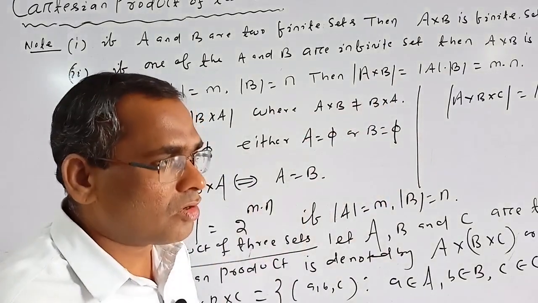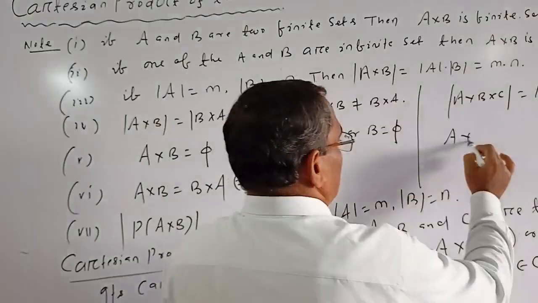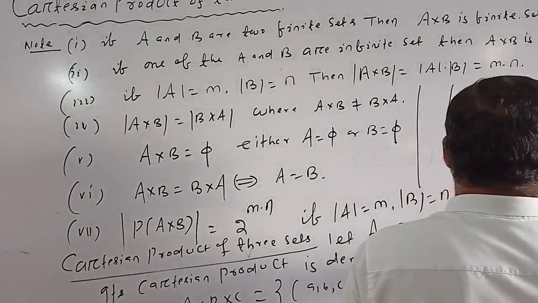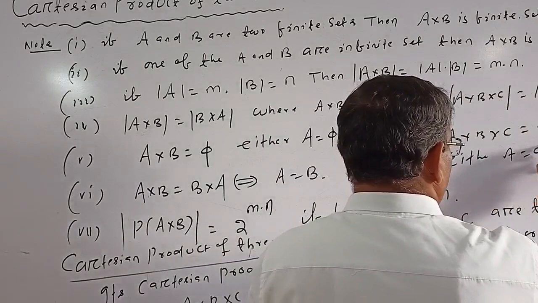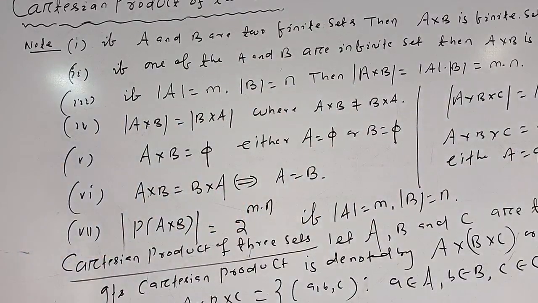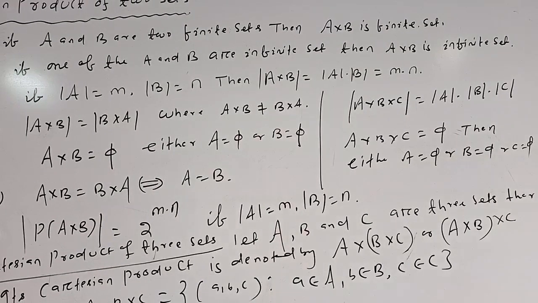If one set is phi, the null set, then its Cartesian product is phi. So A cross B cross C is equal to phi if either A equal to phi or B equal to phi or C is equal to phi. So if among the three sets one set is a null set, then the Cartesian product is also the phi set. So these are known as the Cartesian product of three sets. The cardinality of A cross B cross C is equal to mod A into mod B into mod C.